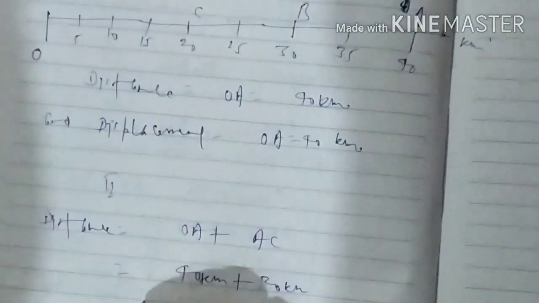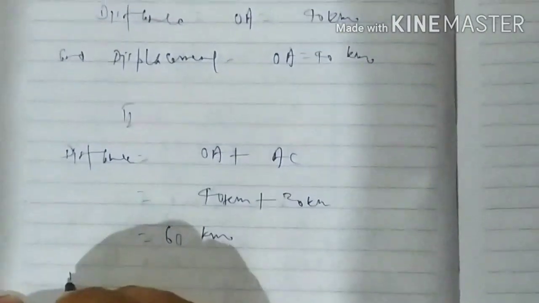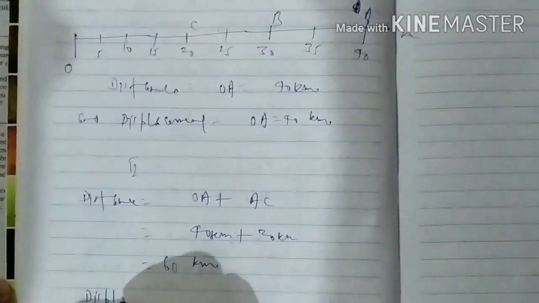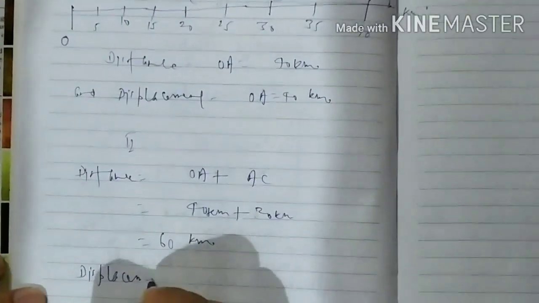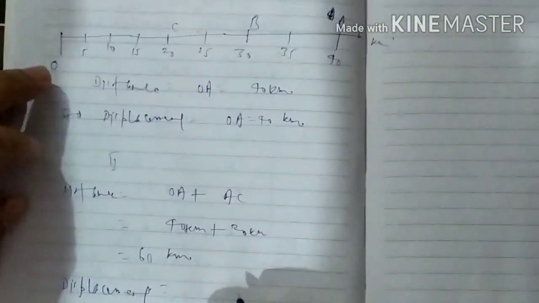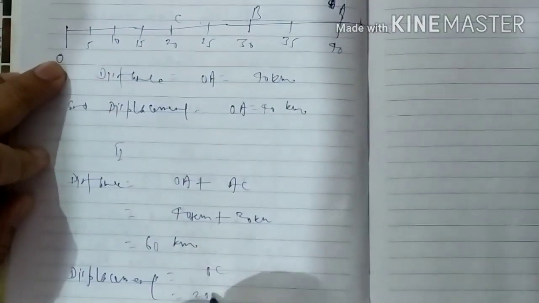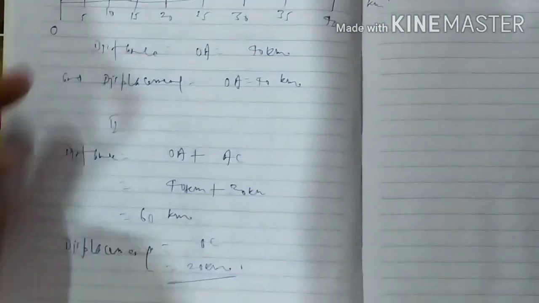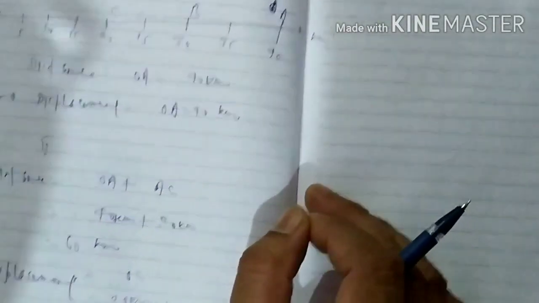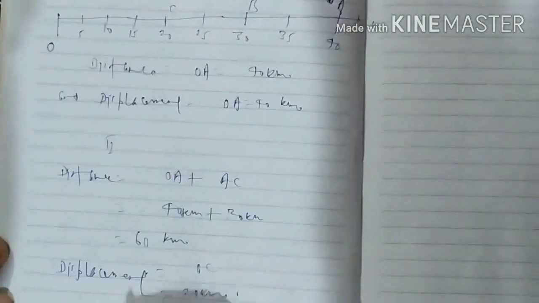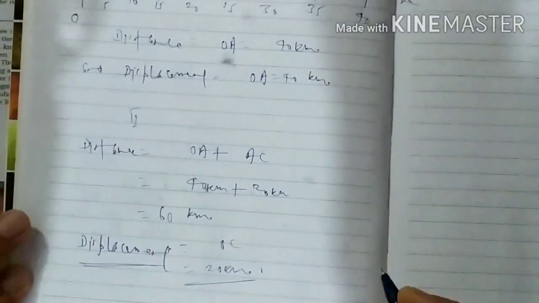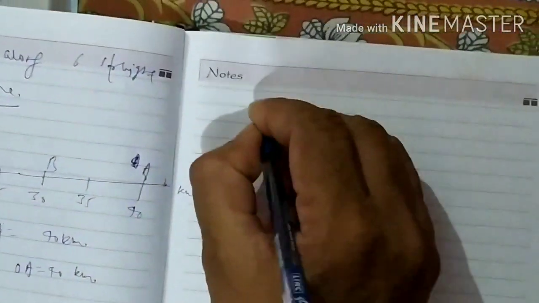This is equal to 60 kilometer. But in this case, the displacement is equal to OC. This is equal to only 20 kilometer. Thus, first time in class 9, we introduce a new term, and this term is displacement.